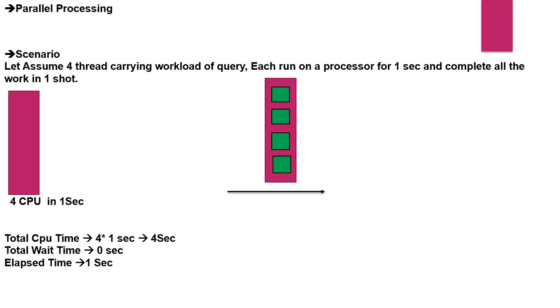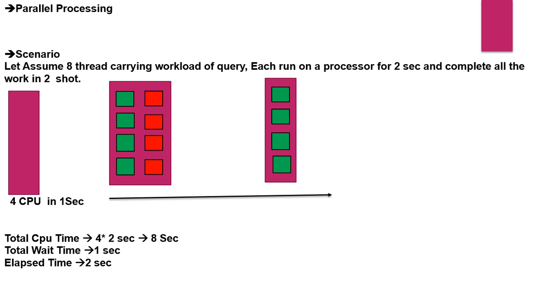Let's understand a different scenario. Assume 8 threads carrying the workload of a query, each running on a processor for 1 second and completing all the work in 2 slots. In the first second, 4 threads each use a CPU and the other 4 threads wait for resources to free up. In the second second, the remaining 4 threads execute and complete the query execution.